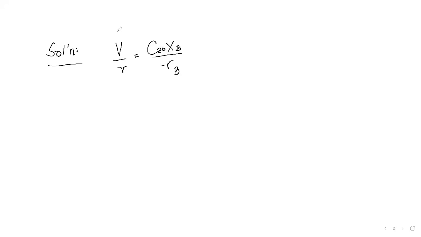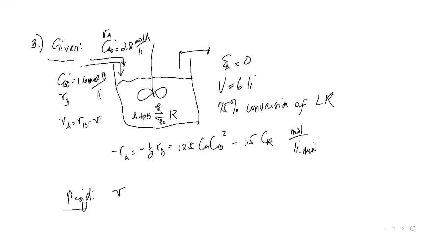Now this is the volume of the reactor, and this is the volumetric flow rate total for the two separate streams already. So not just the volumetric flow rate of one stream, but rather the total volumetric flow rate. So I'd like to write here T. That way you can distinguish it from the small v that we have written in the given. The small v that I have written here is the same as the small v sub a and the small v sub b.